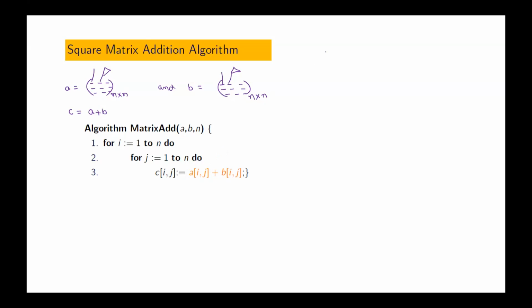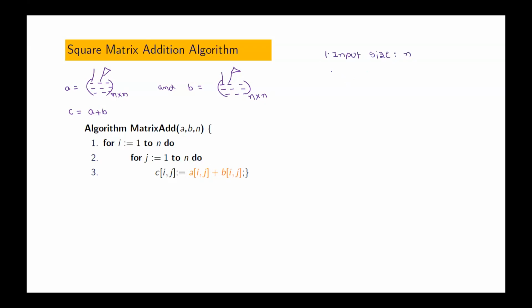So now tell me, what is the parameter indicating input size? What is the input size here? N square, or n. If we take n, that is sufficient.